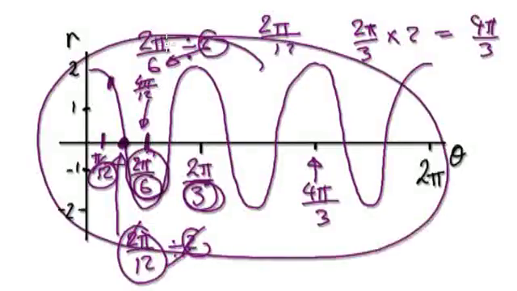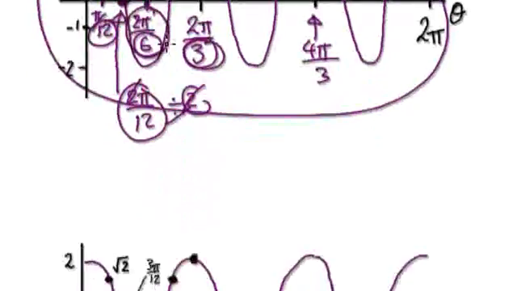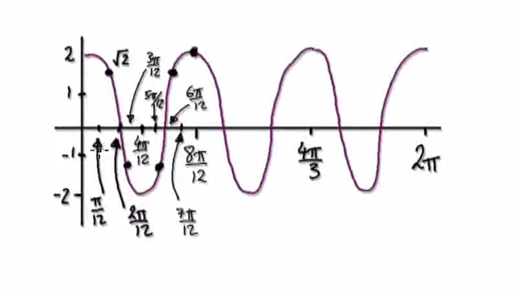This whole graph here will then become this. It's quite messy, bear with me. Look at this: pi over 12, 2 pi over 12. Everything is in terms of pi over 12.